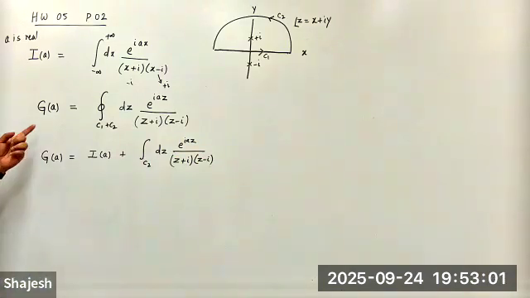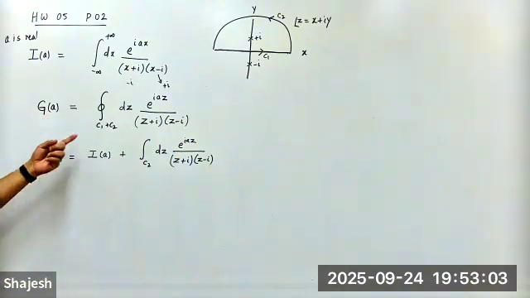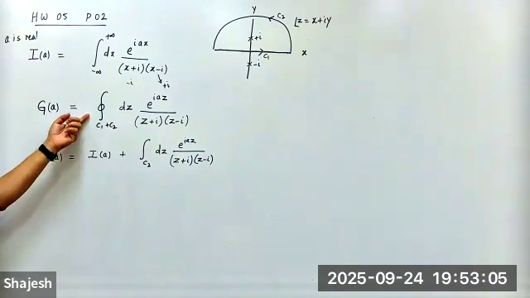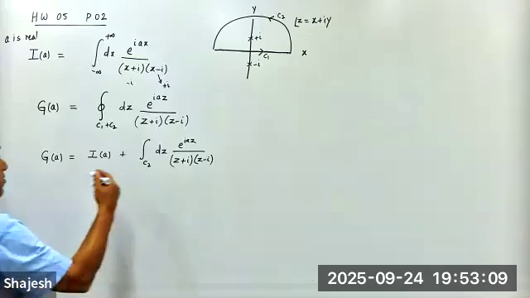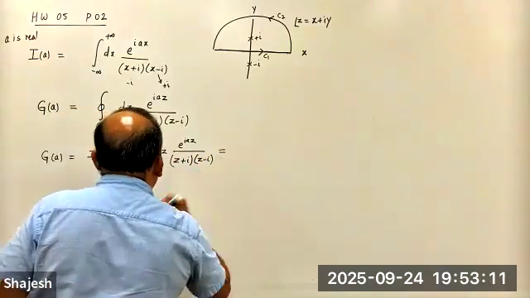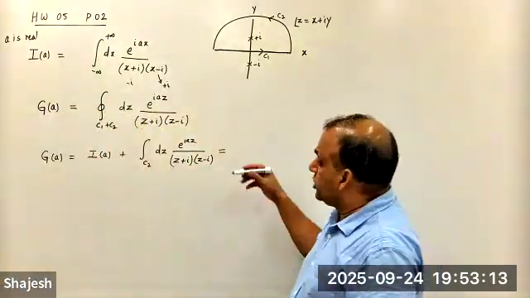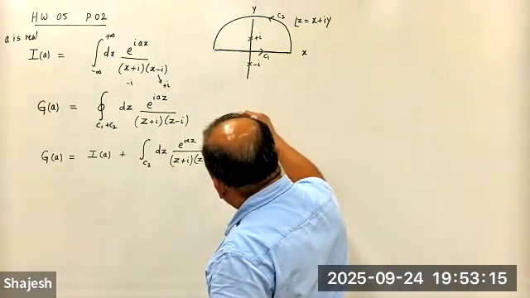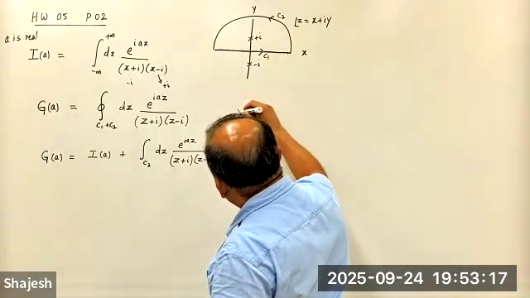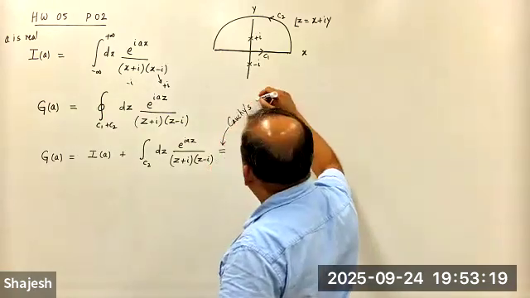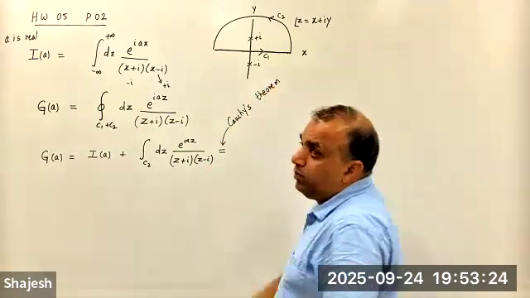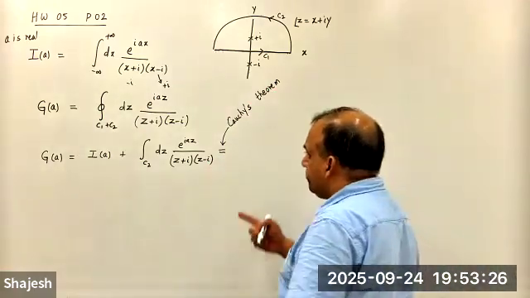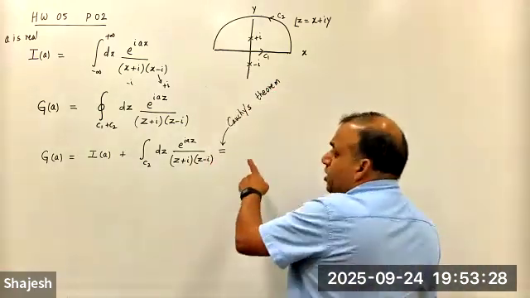But we also know that this is a closed integral. So Cauchy's theorem gives us a result. Using Cauchy's theorem, this is equal to the poles.